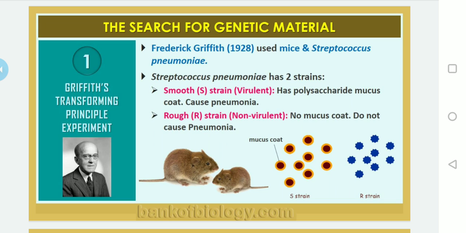For his experiment, as I said, he used Streptococcus pneumoniae only, but he selected two strains. The first, with smooth shiny colonies, he called S strains.